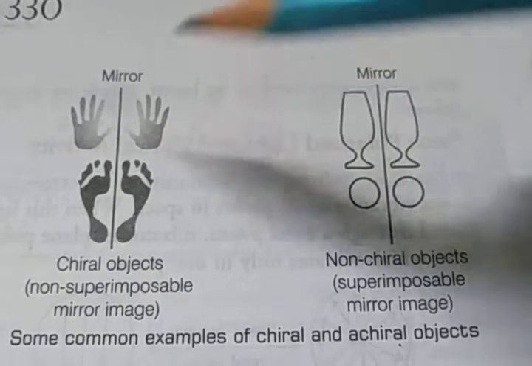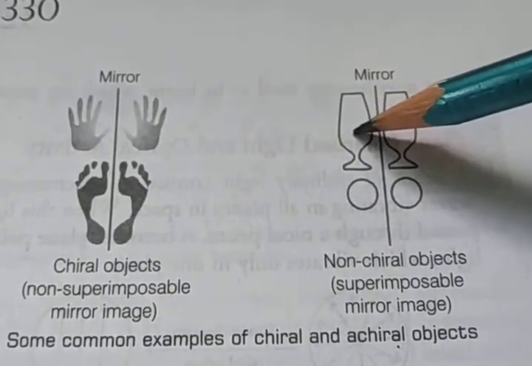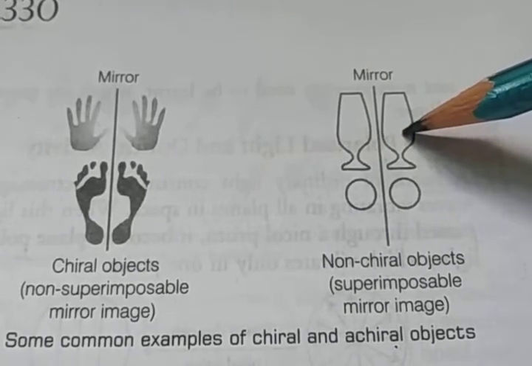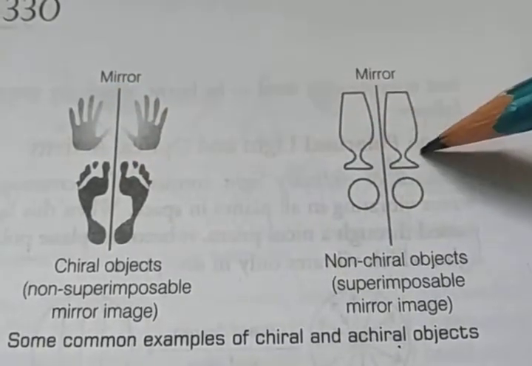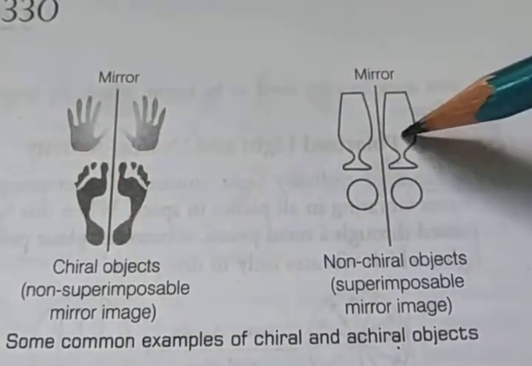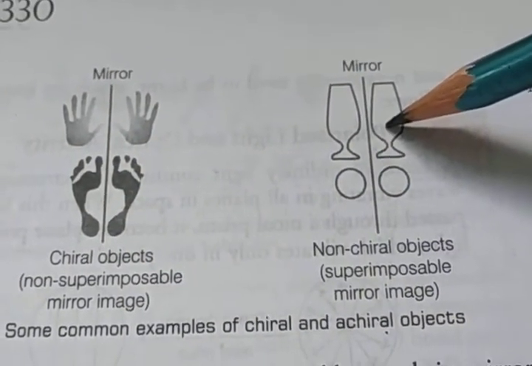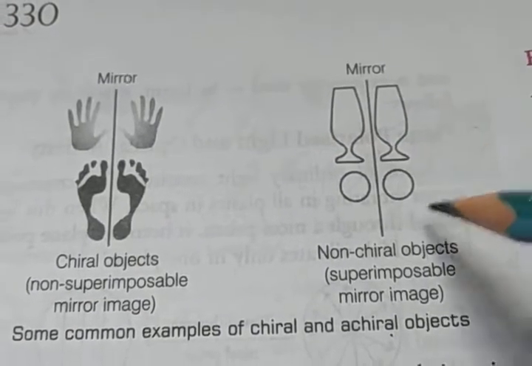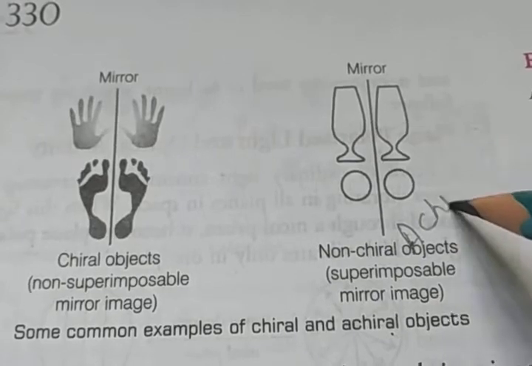And here you see this object is easily superimposable on the other object. Both are mirror images. So non-superimposable means chiral, and superimposable means non-chiral, also known as achiral.